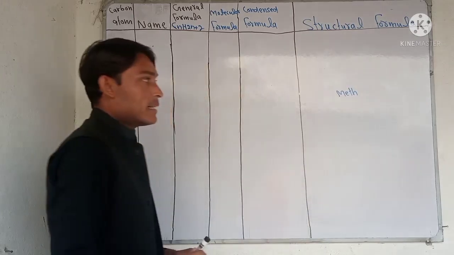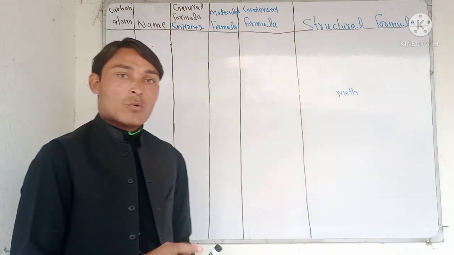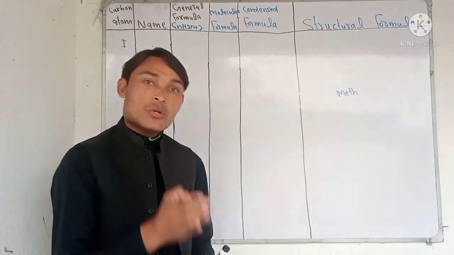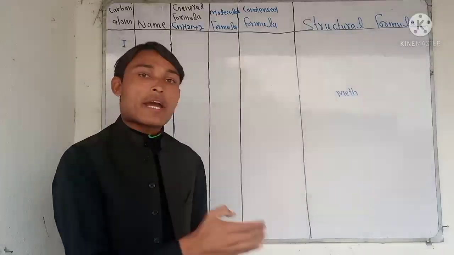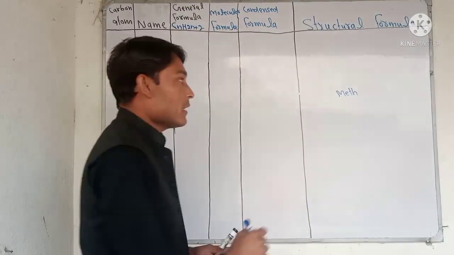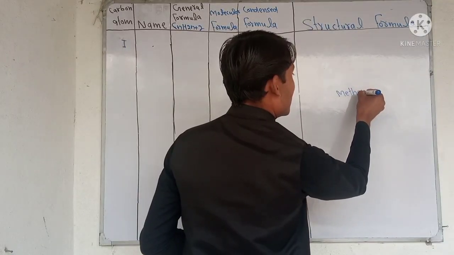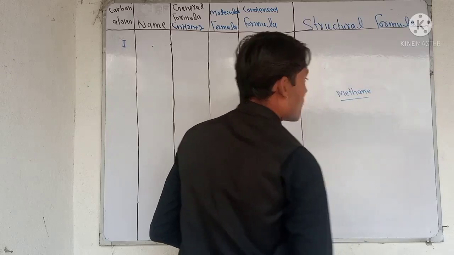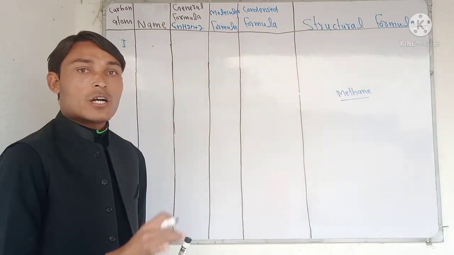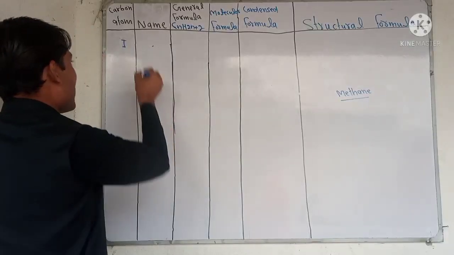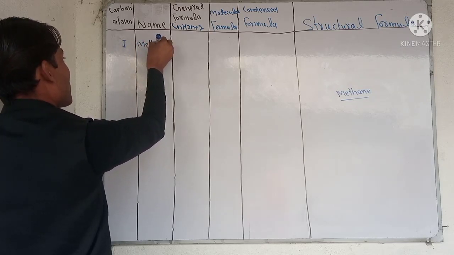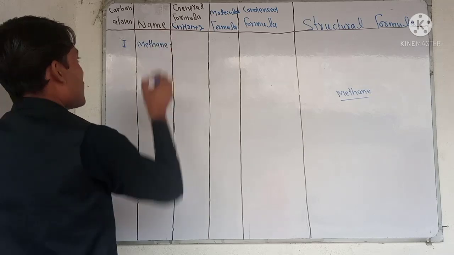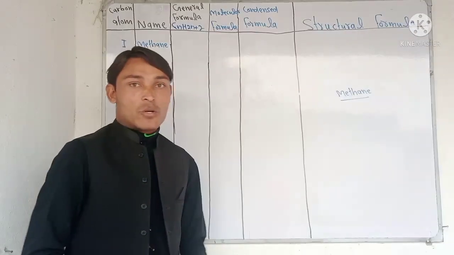We have to remember that for carbon number 1 we say meth, and we also need the suffix A and E to add to the prefix. So we can give the name to the alkane, which is called methane. For carbon number 1 we call it methane. Now let's talk about the general formula.